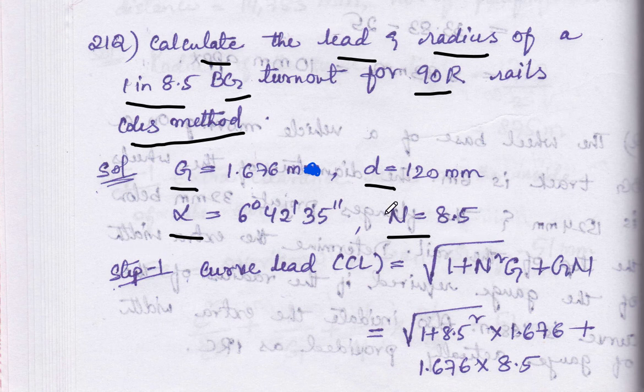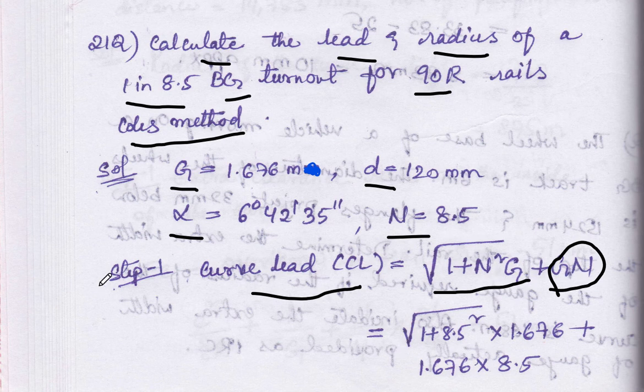We have to write the given data. Next, step 1. In step 1, what we are calculating is lead, which is also called curve lead. It can be calculated by the formula under root of 1 plus n square, capital N square into capital G plus Gn. This is the outside of your square root.